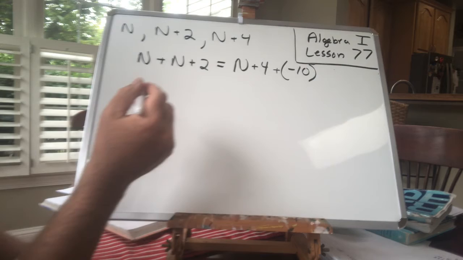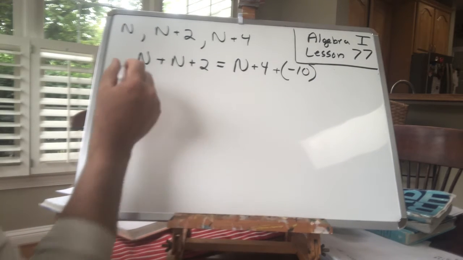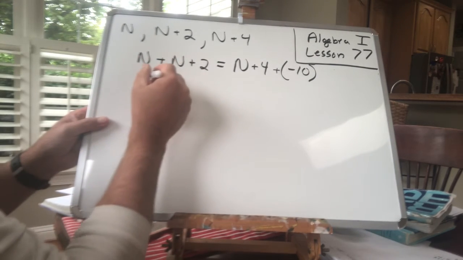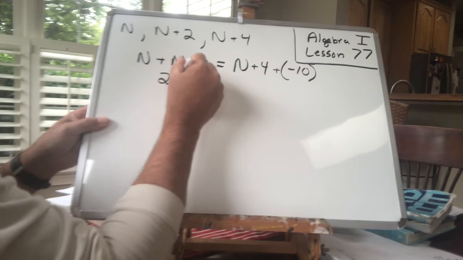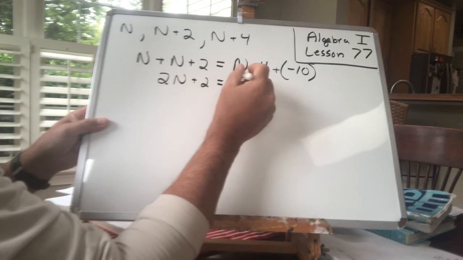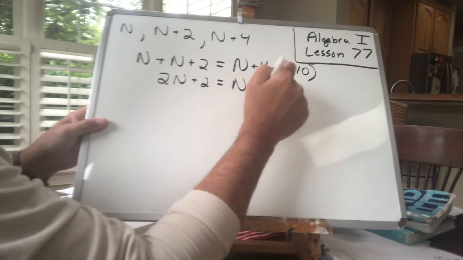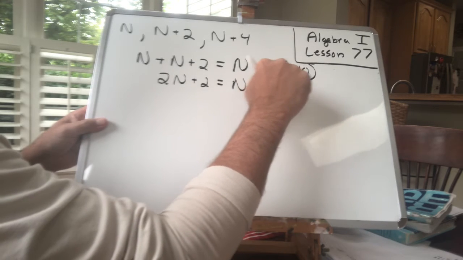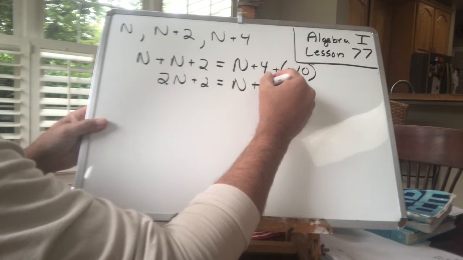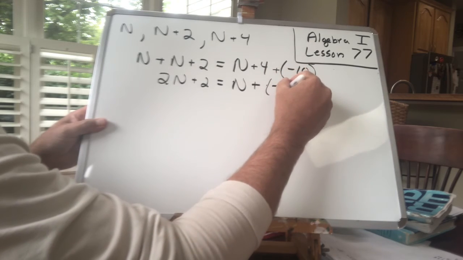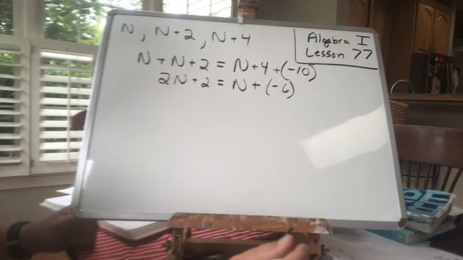So the sum of the first two, n plus n plus 2, equals n plus 4 plus negative 10. We combine the like terms: n and n would be 2n plus 2 equals n plus, 4 plus negative 10 is plus negative 6.